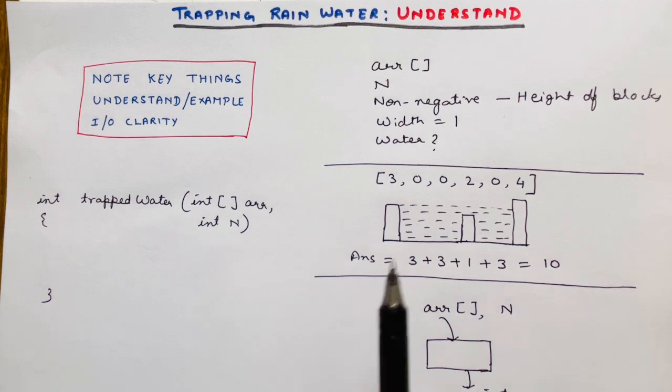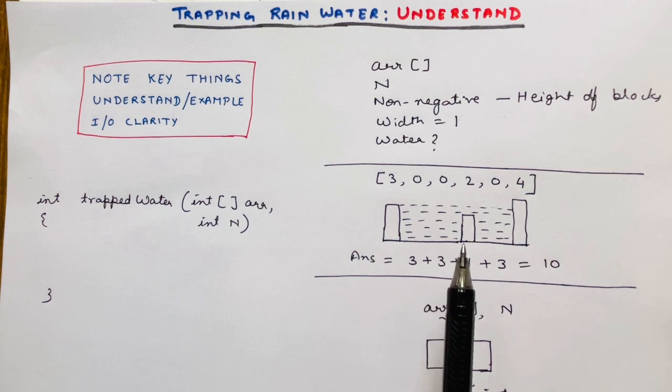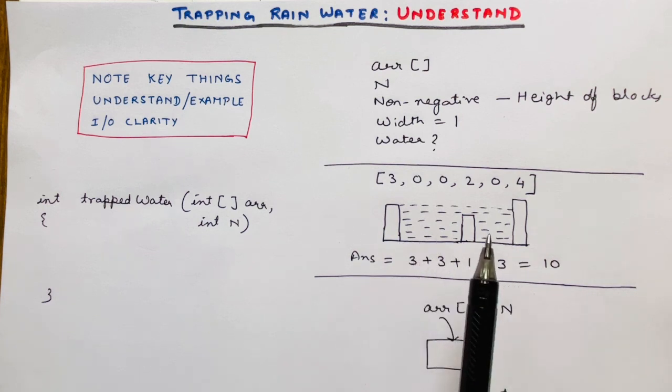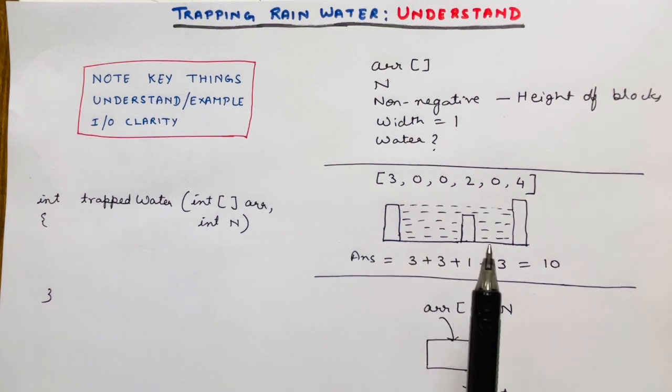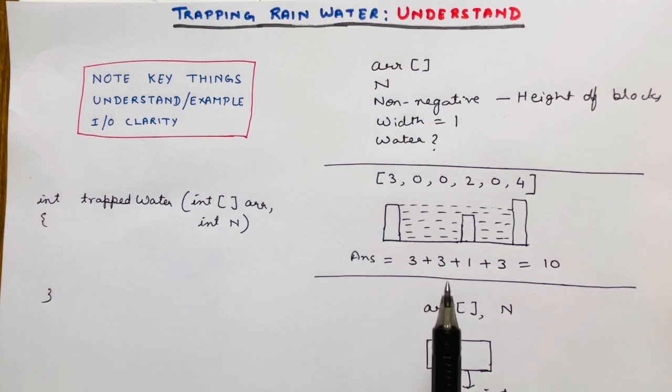If we consider an example, here this block has height 3, this block has height 2, this block has height 4, and the rest of the blocks have height 0. In this case, the total water trapped is equal to 10. 3 plus 3 plus 1 plus 3. How does this come up? We will discuss this later.